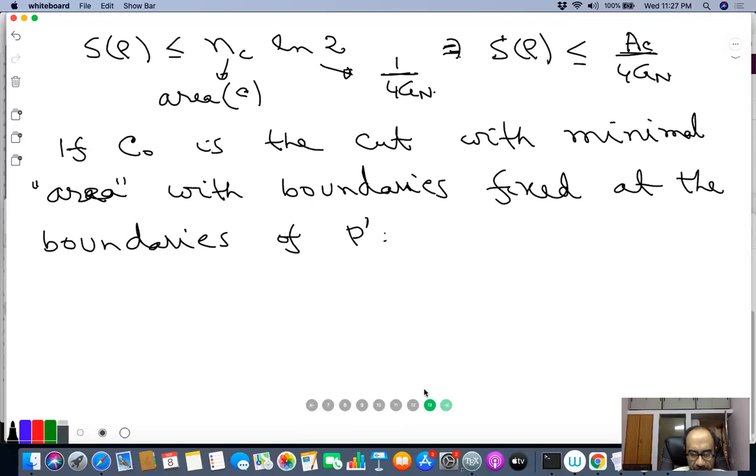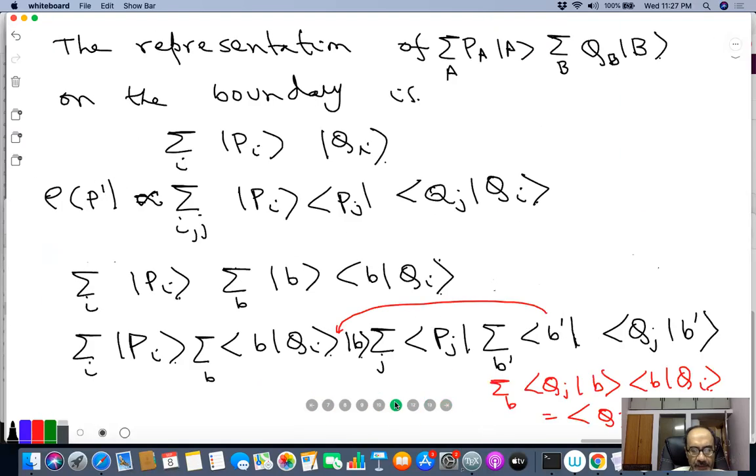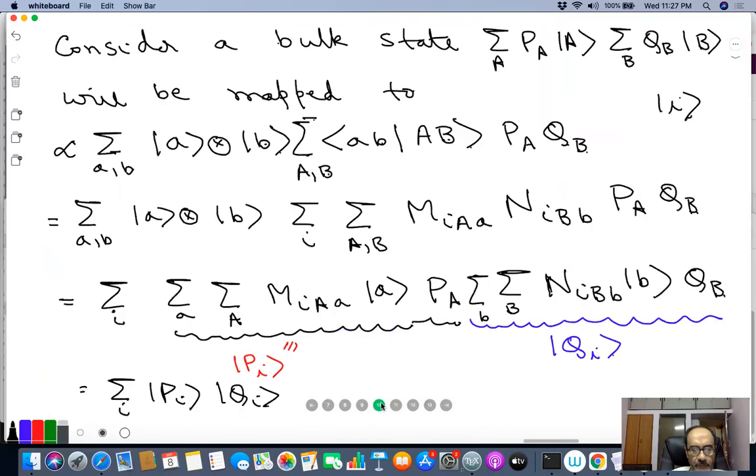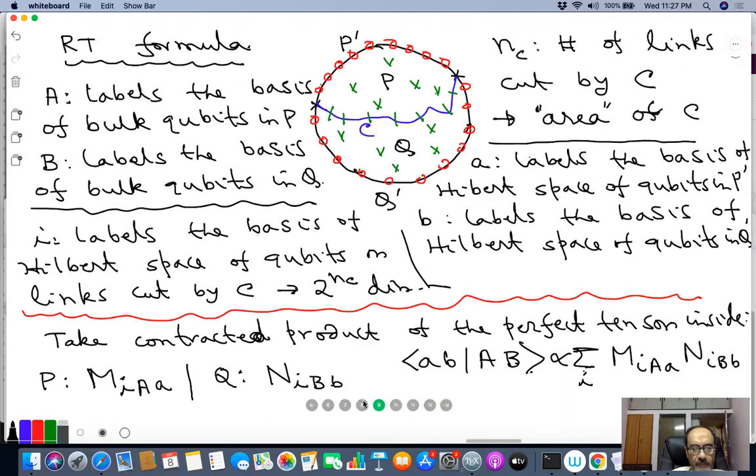Which basically means that if you go back to this diagram, we keep these points fixed, and we draw all possible cuts, and see which one has minimal area.